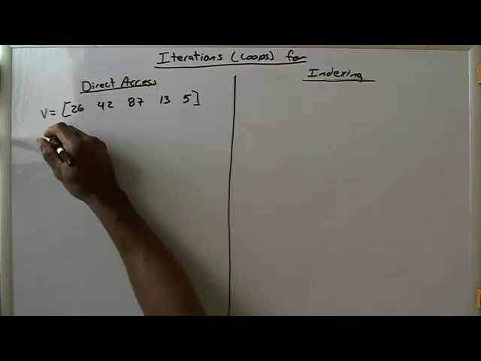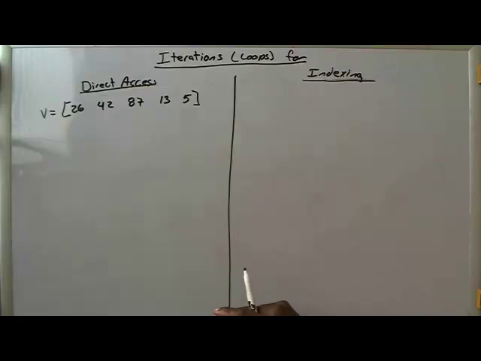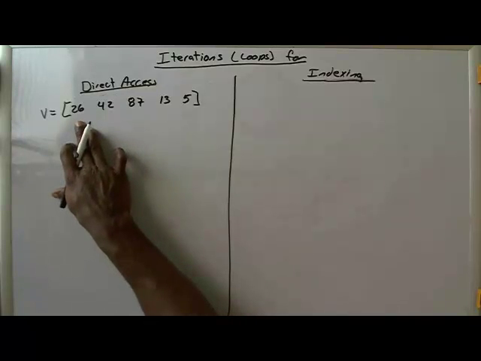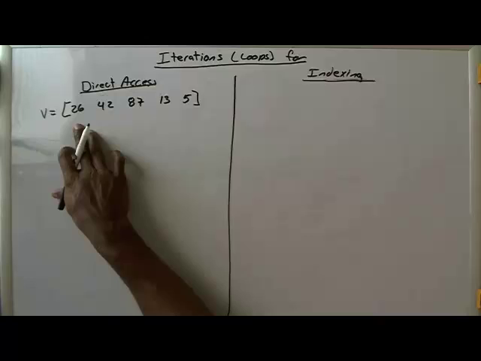So what we're going to do is we're looking for a value. So we're going to accumulate the maximum value. And so our strategy is we're going to look at the first value. We're going to set some variable, I'm going to call it maxi, equal to this value, the first value. Then we're going to compare that value with the next value.